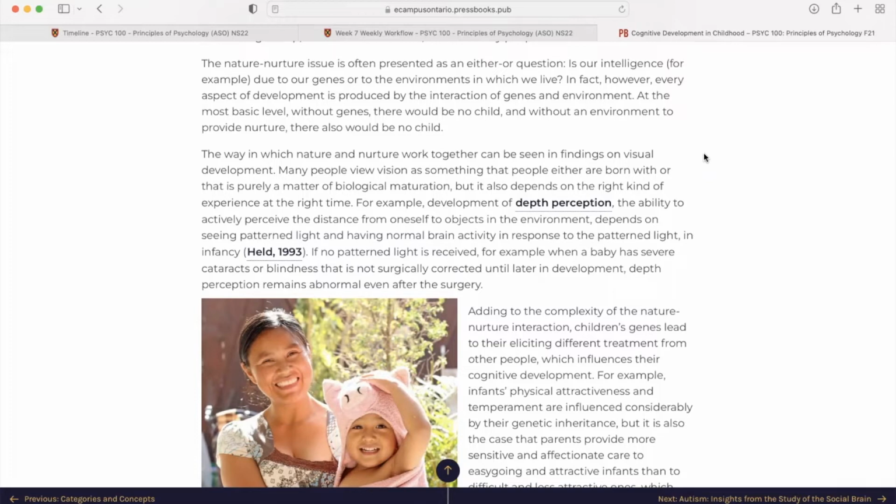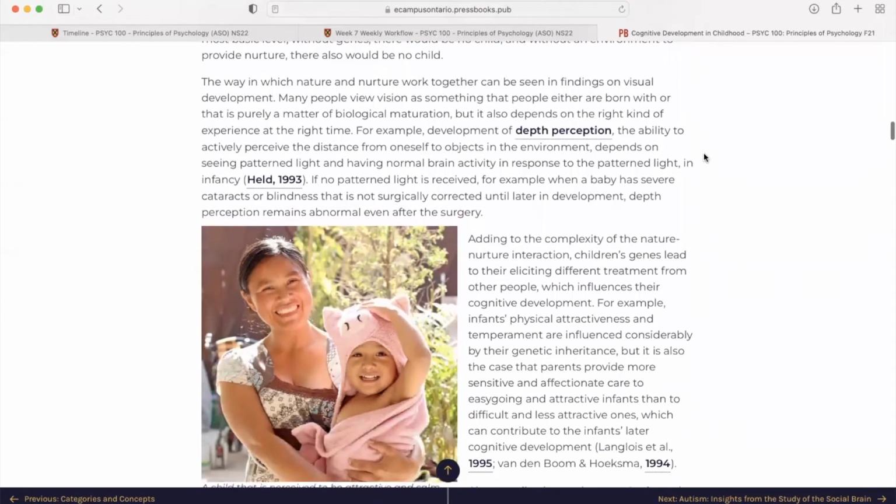The way in which nature and nurture work together can be seen in findings on visual development. Many people view vision as something that people either are born with or that is purely a matter of biological maturation, but it also depends on the right kind of experience at the right time.